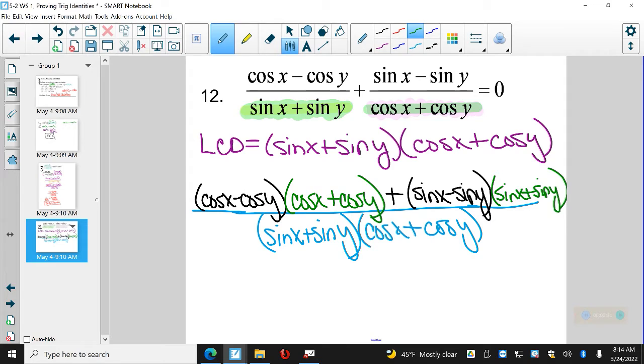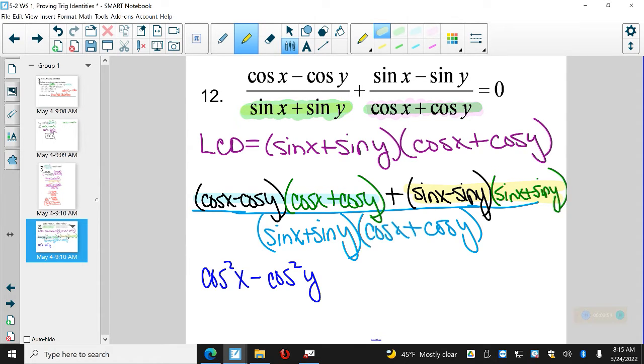Okay, what do you notice about the numerator right here? Conjugates. They are conjugates. So if I FOIL those conjugates, all I have to do is first and last. So that's going to be cosine squared of x minus the cosine squared of y. What do you notice about these over here?